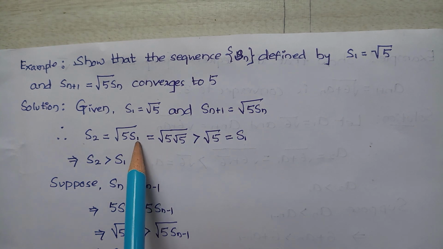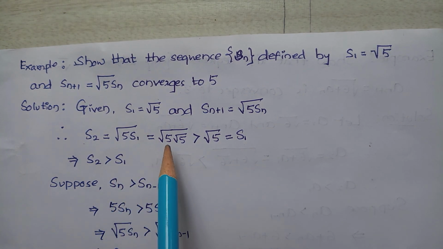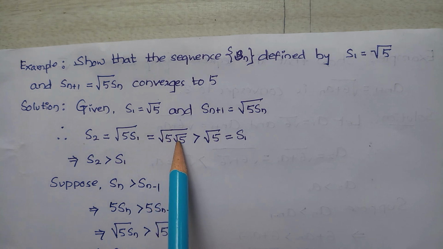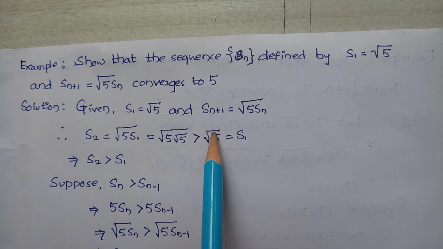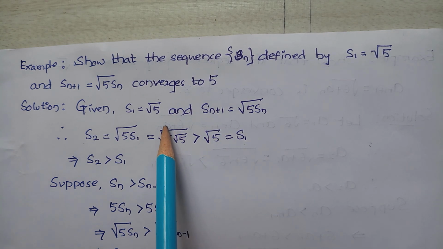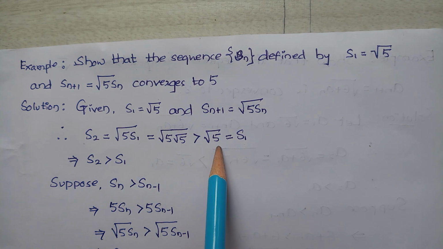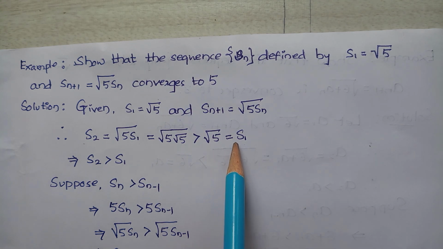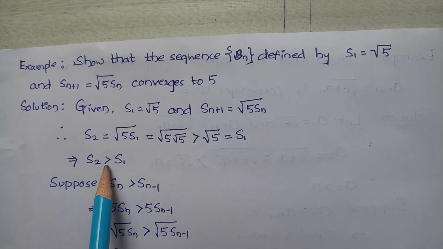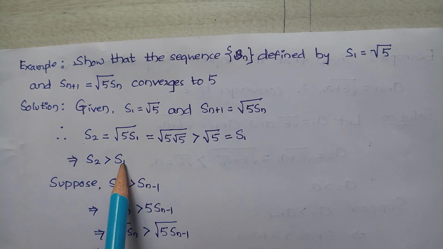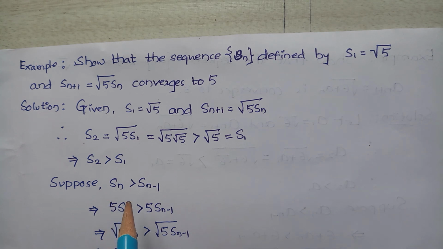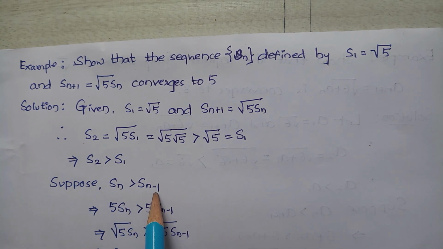The value of S1 is root phi, so this is equal to root of phi root phi, which is greater than root phi, and root phi is S1. That implies that S2 is greater than S1. Suppose Sn is greater than Sn minus 1.